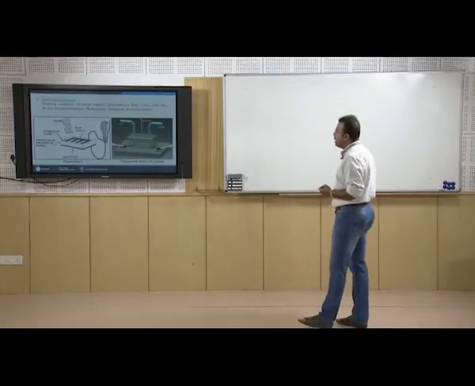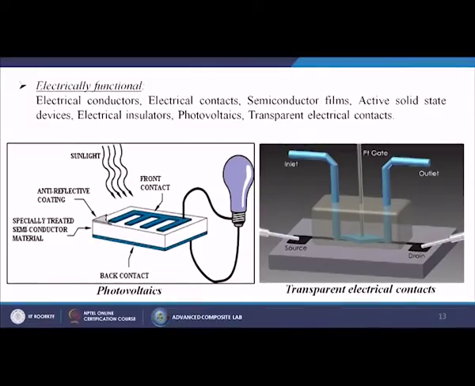Next one is called the electrically functional. So, electrical conductors, electrical contacts, semiconductor films, active solid state devices, electrical insulators, photovoltaics, transparent electrical contacts. These are all different applications where we are using thin film deposition techniques.